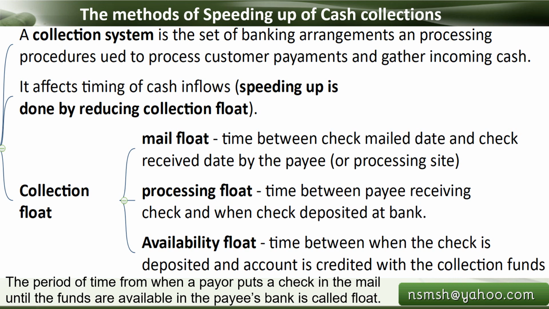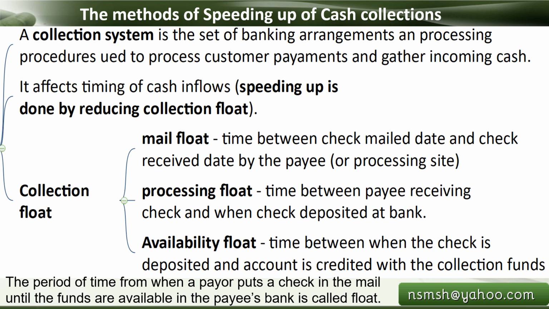It affects timing of cash inflows. That means the speeding up is done by reducing collection float. Collection float is the duration from the point of raising the bill, accounts receivable, till it gets cashed. So that is the collection float.